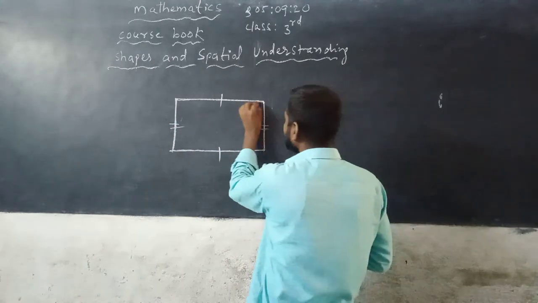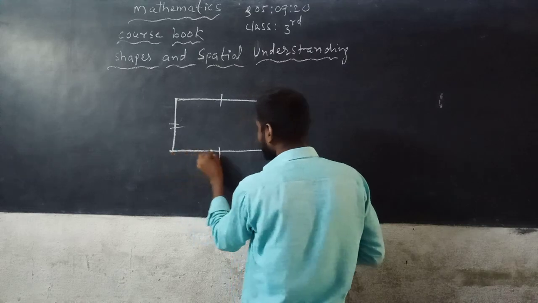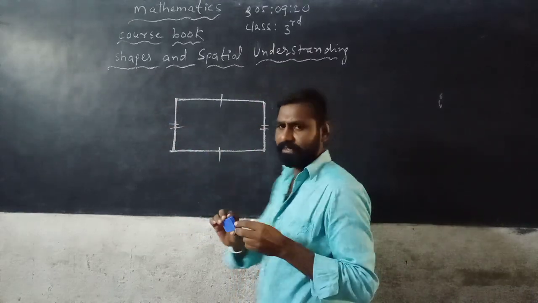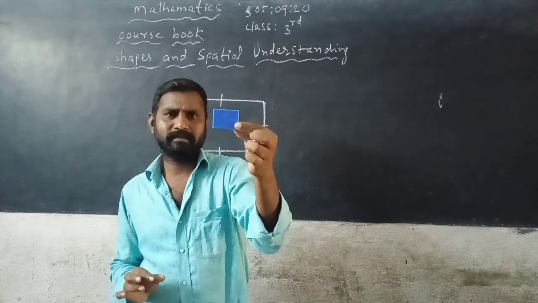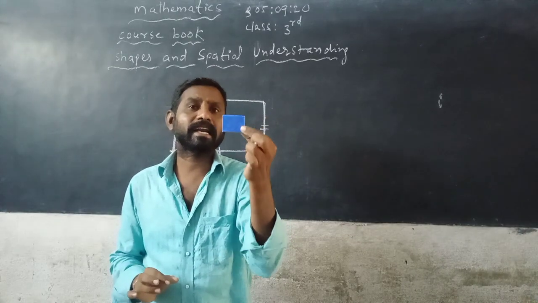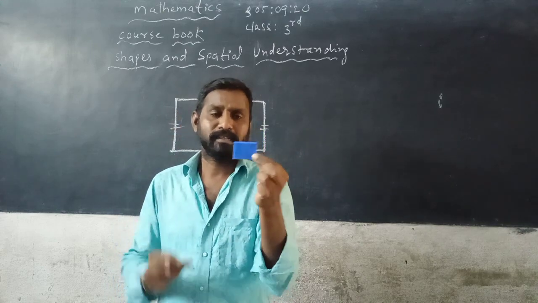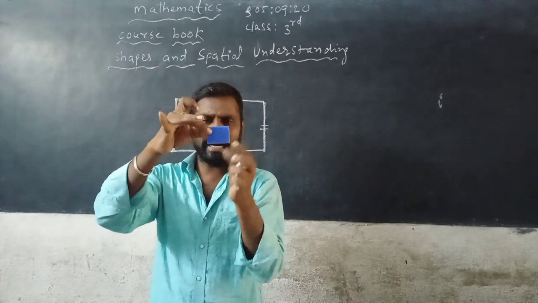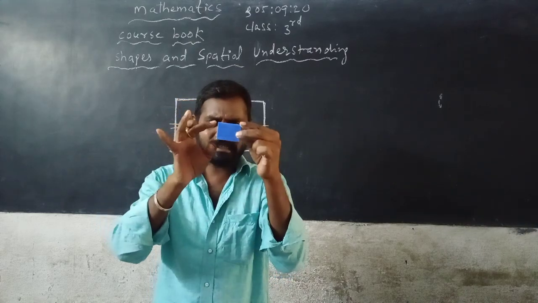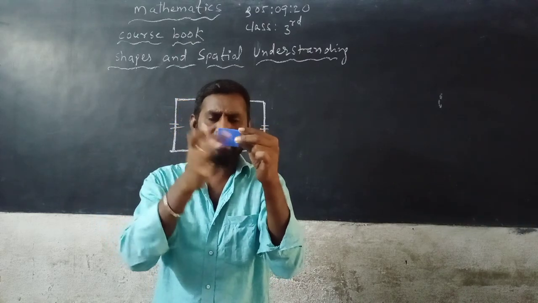This side is opposite to this side. This is opposite to this side. This is a rectangle. This side and this side are equal in length. This side and this side are equal in length.